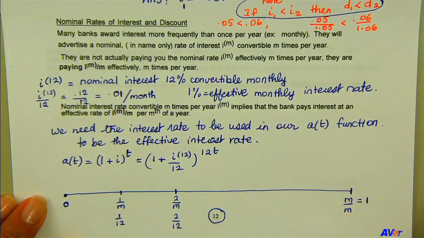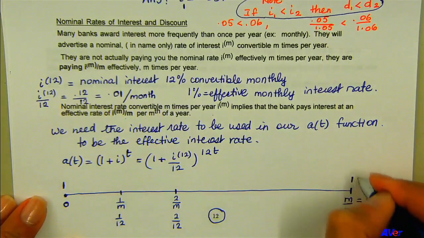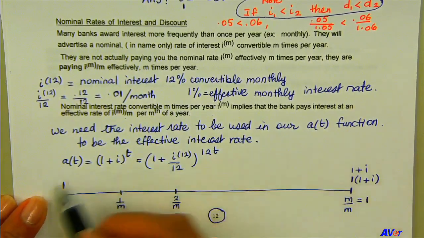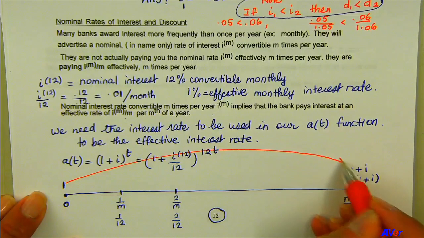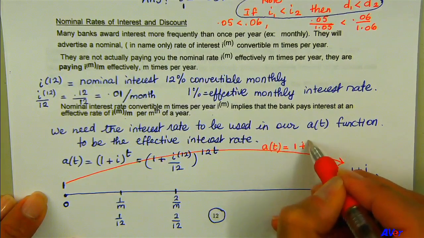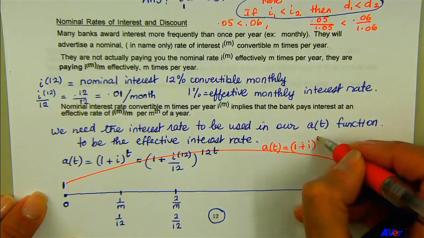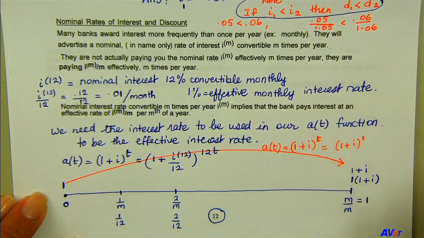Now, I already know that if I had the effective annual interest rate i, if I started with $1 here, I would end up with 1 times (1 plus i), which is 1 plus i. Because my A of t function, to go from here to here, is A of t equals (1 plus i) to the first power, (1 plus i) to the t. So in my case, it's (1 plus i) to the 1, because I'm asking about A of 1, right?